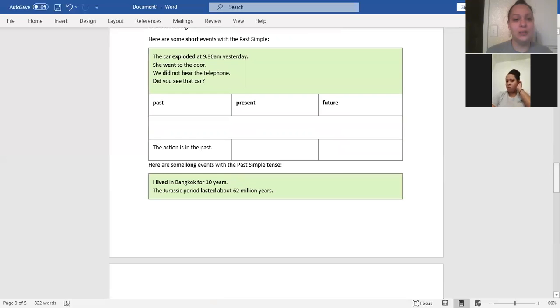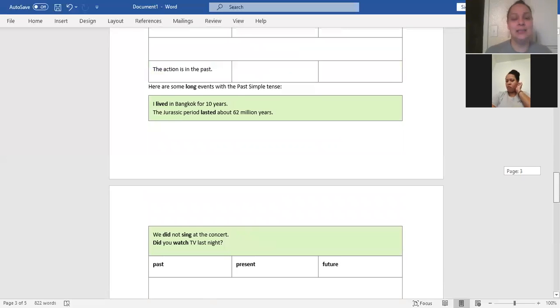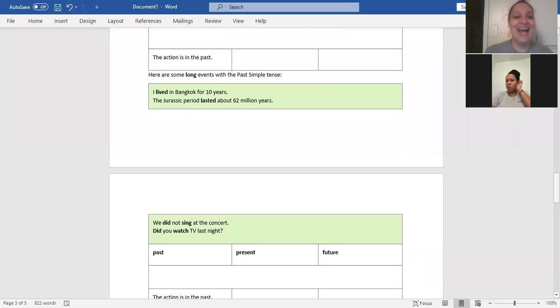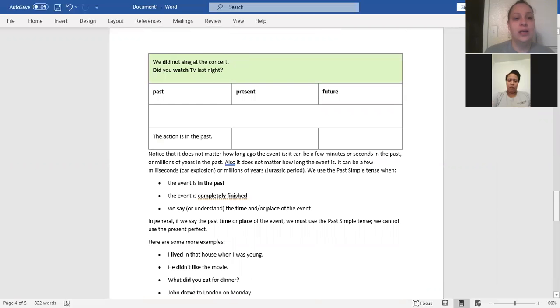Here are some long events with the past simple tense. I lived in Bangkok for 10 years. The Jurassic period lasted about 62 million years. We did not sing at the concert. Did you watch TV last night? This is also an example of the past, present, and future.